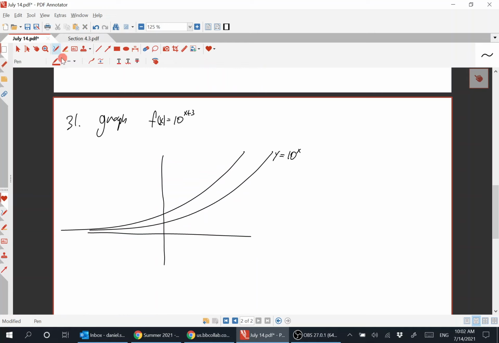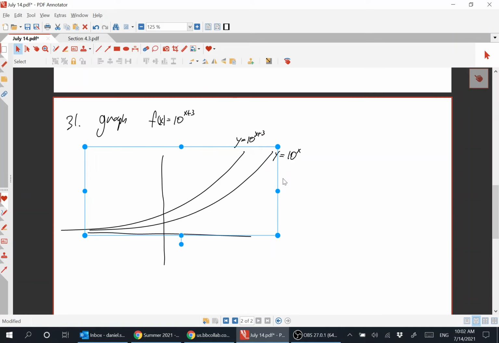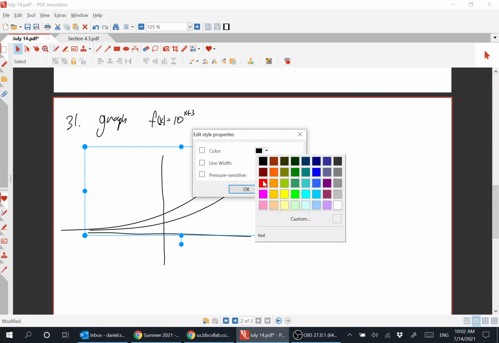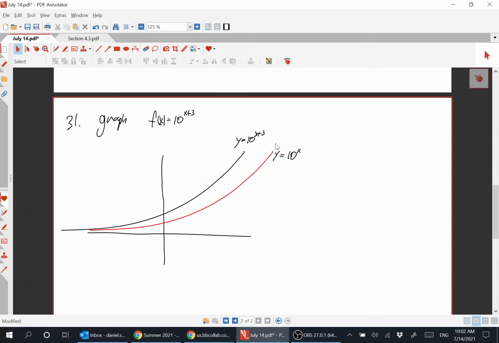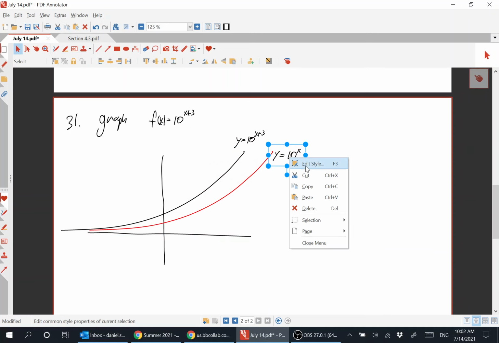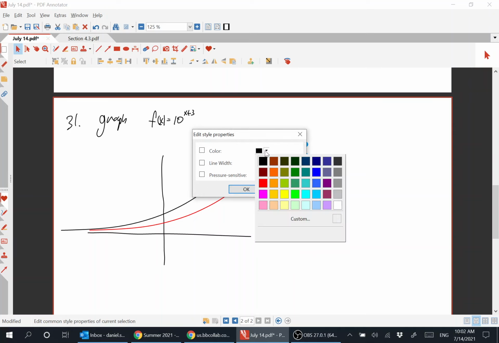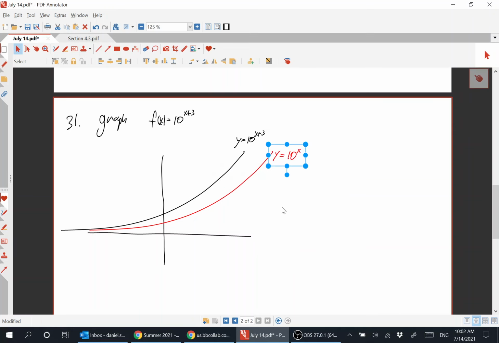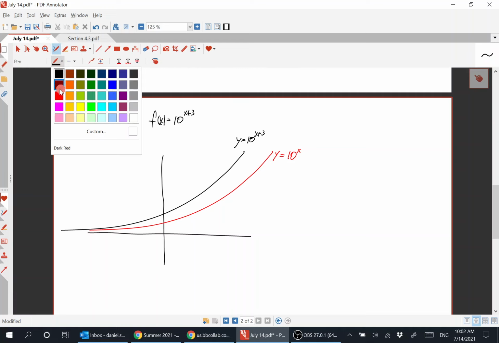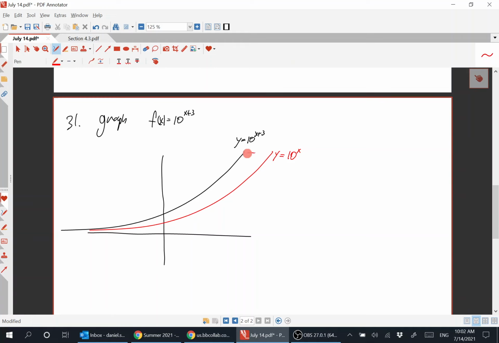So y equals 10 to the x plus 3. Let's make that one a different color, to look nicer. It's just that standard transformation of shifting to the left by 3 units.